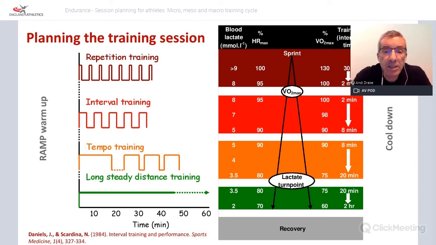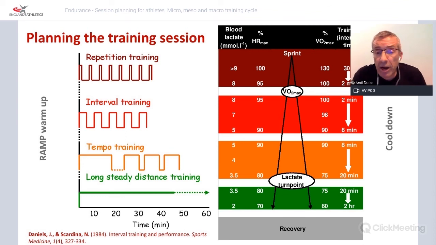Perhaps some blood lactate measures, which are less readily available to us. Fractions of maximum heart rate are pretty straightforward for us to calculate. And like the lactate, percentage of maximum oxygen uptake certainly allows greater precision, but again is perhaps less readily available to all athletes and coaches.